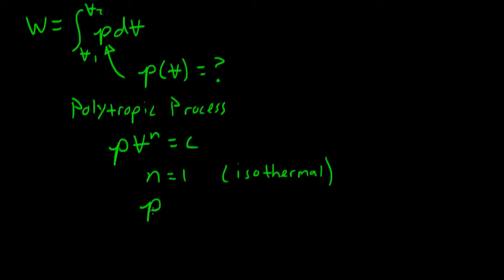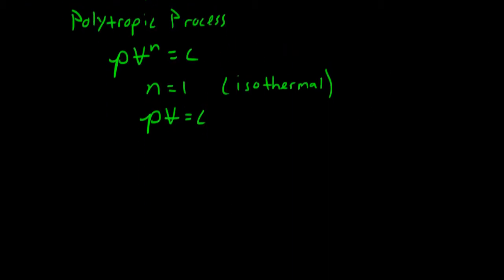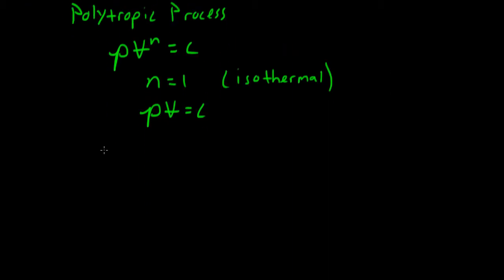That is, PV is equal to a constant. The ideal gas equation of state relates the pressure, volume, and temperature. PV equals mRT, where R is the specific gas constant.